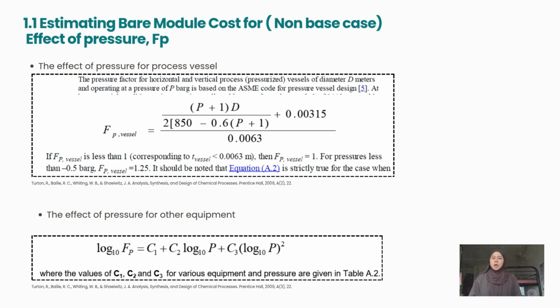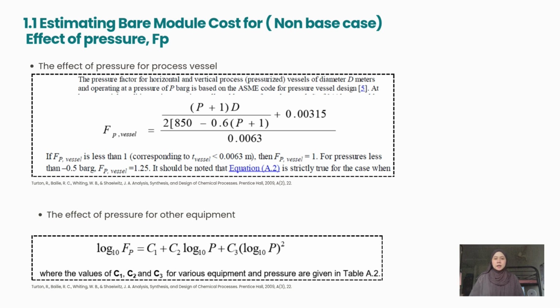For example, if the diameter of the vessel is less than 0.0063 meter, the FP value will automatically be 1. For pressure less than negative 0.5 bar, the FP value will be 1.25. For equipment other than vessels, like pumps or heat exchangers, we will use a different FP formula.